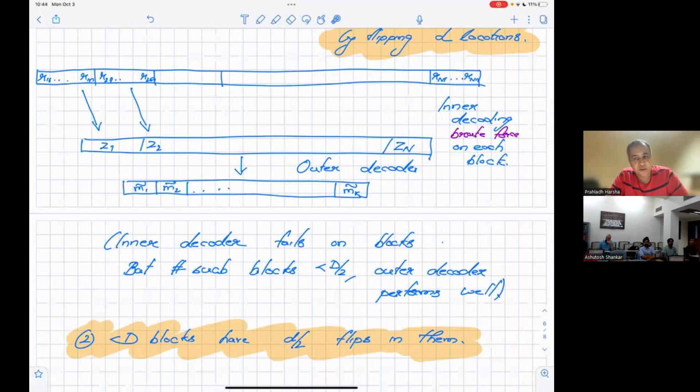Even in brute force search, you can realize this. So what the inner can say is, just don't trust these blocks. Just erase them completely. This is information that the inner could give the concatenated decoder, and the concatenated decoder just ignores these blocks completely. There are at most capital D blocks that have been ignored, and erasure decoding of the outer can work, and the outer can recover the code word perfectly.